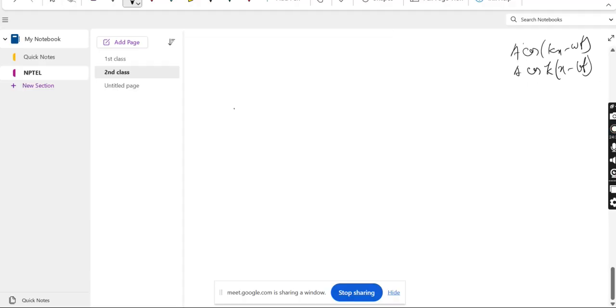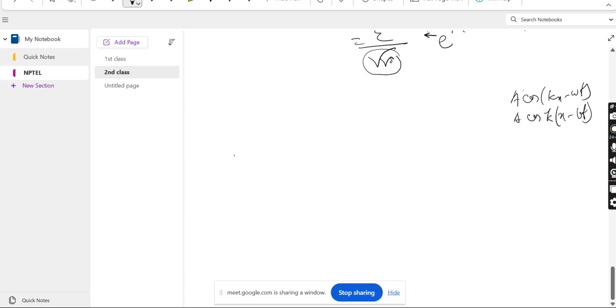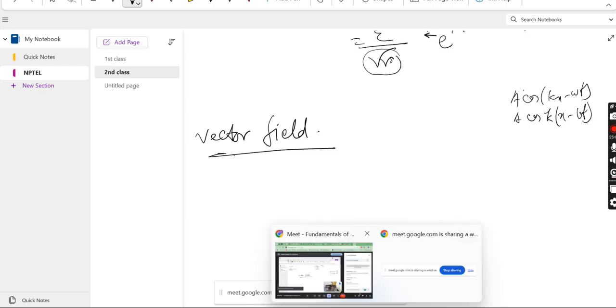And then, a vector field is a field where every point has a magnitude as well as direction. So I assume that till this point you all know some examples of vector fields.